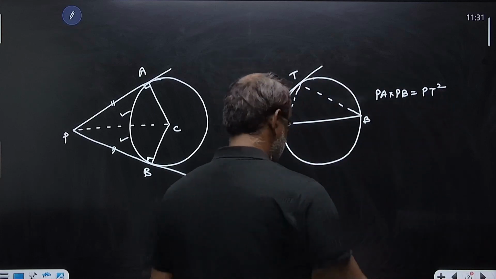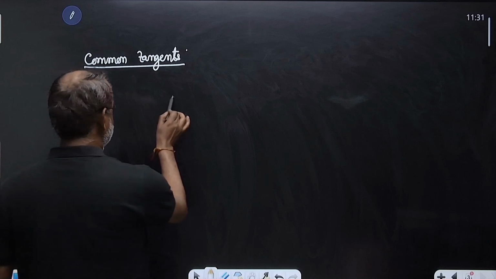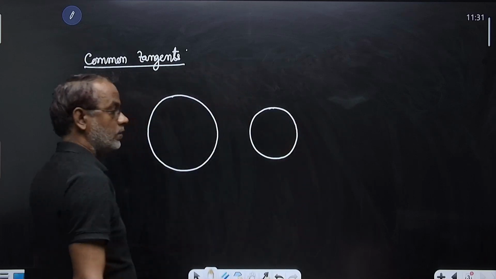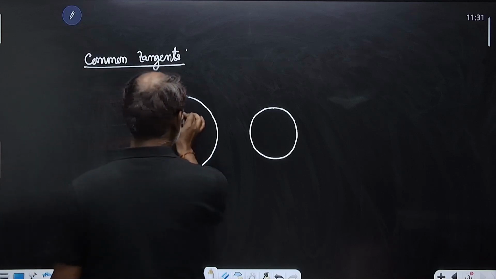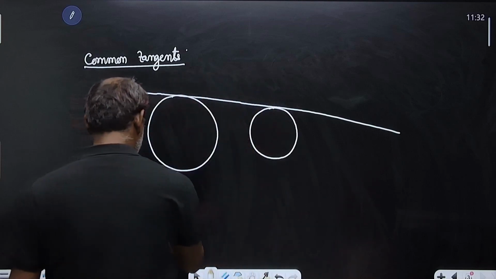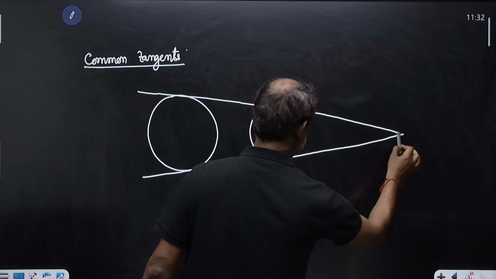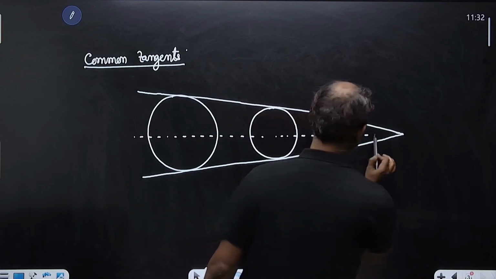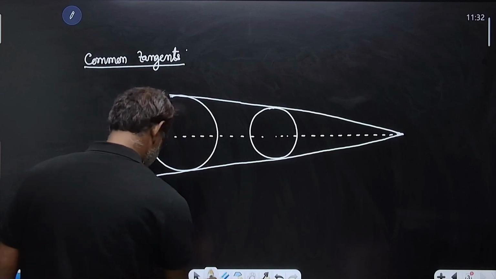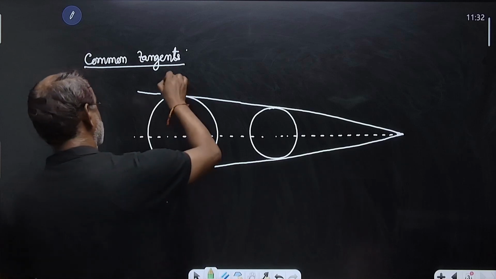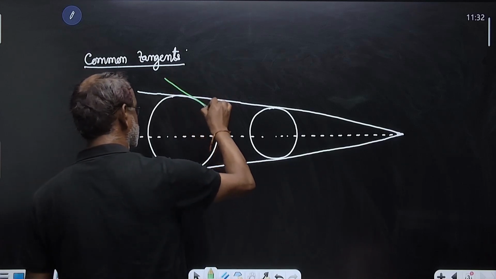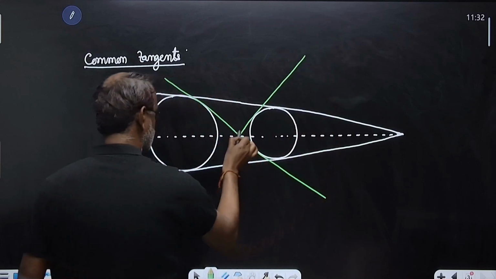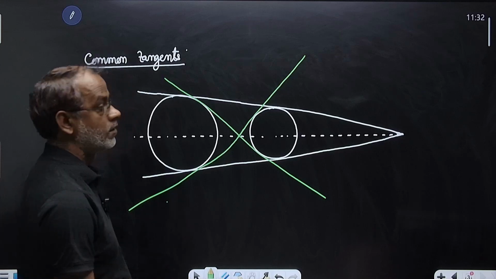Now insofar as common tangent is concerned, if you take two circles, say one lying outside the other completely, these are common tangents to these two circles.